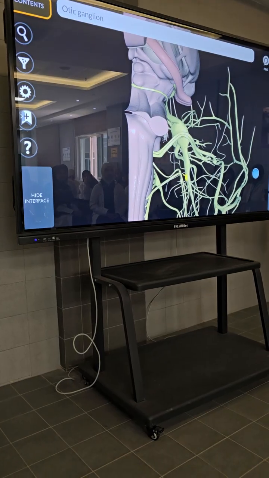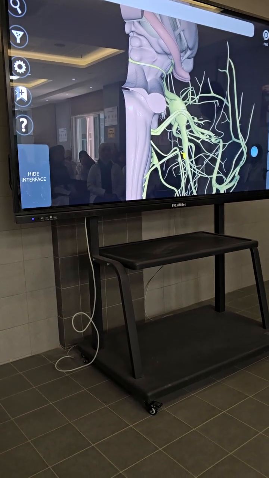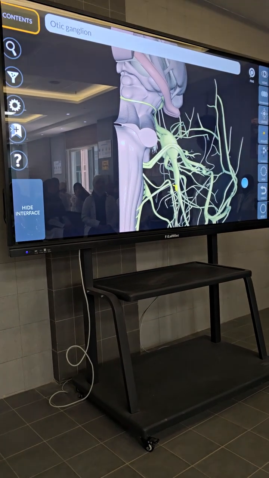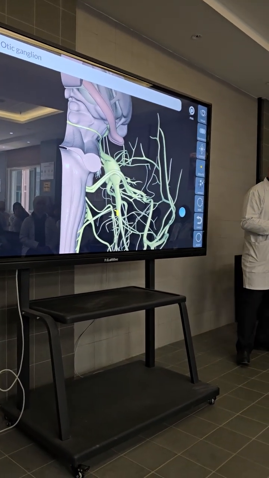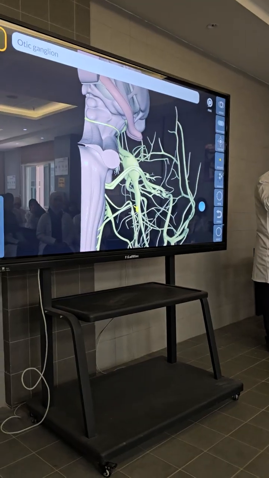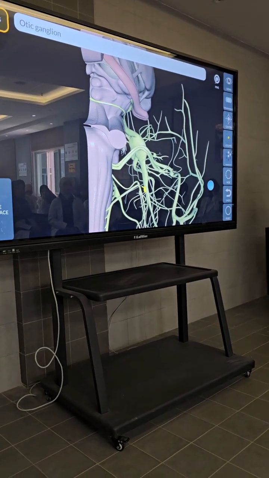This ganglion is called the otic ganglion. Otic means pertaining to the ear. Otic ganglion.